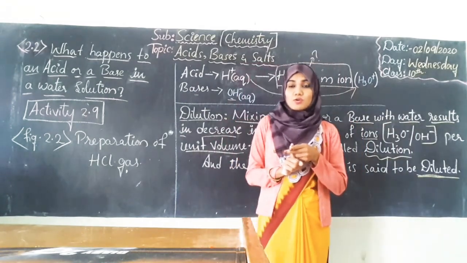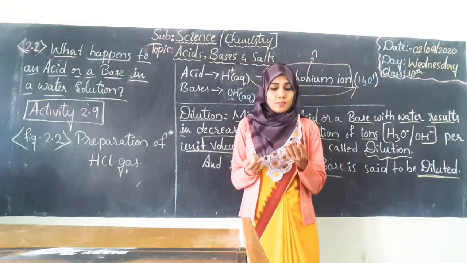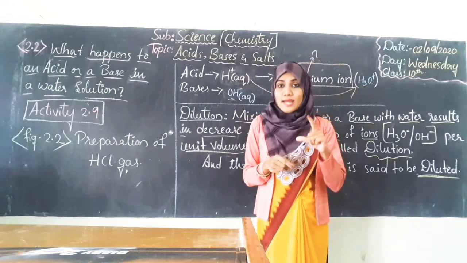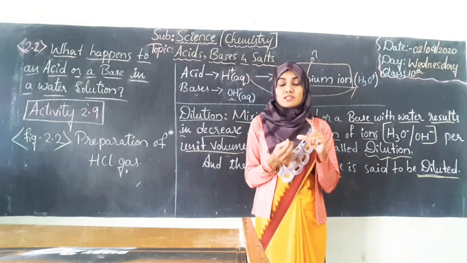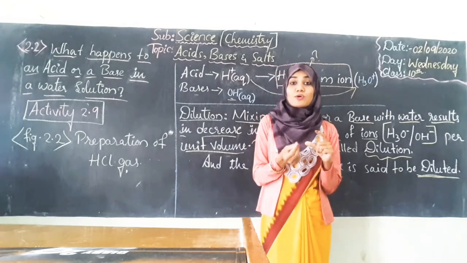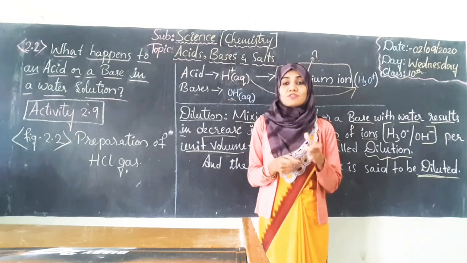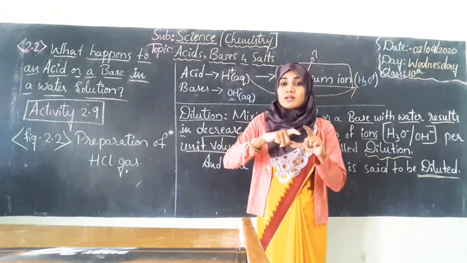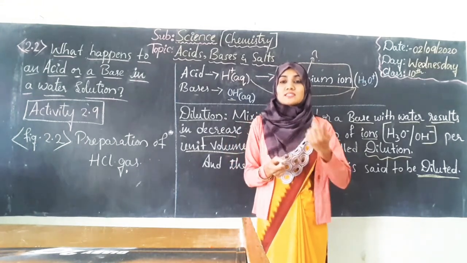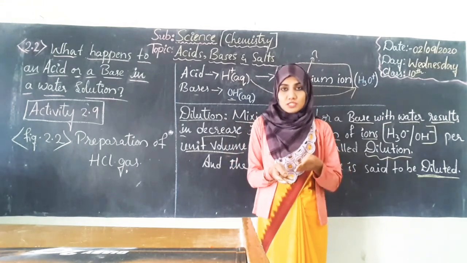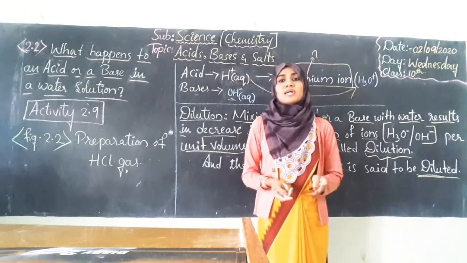You might have seen in your home. If it is a pure acid, it will generate more smoke, more heat, and the reaction will be very vigorous. But if the acid is mixed with water, the reaction will be slow and it does not react that effectively, right? And that is nothing but dilution.